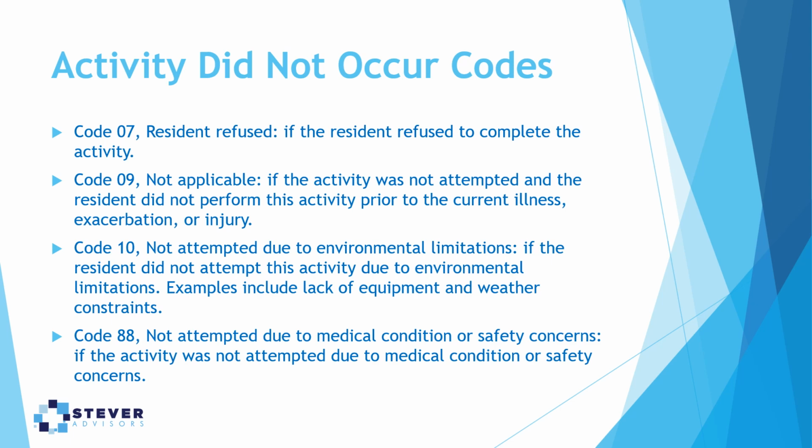Code 10, not attempted due to environmental limitations, if the resident did not attempt the activity due to the environmental limitations. Examples include lack of equipment or weather constraints. And lastly, use code 88, not attempted due to medical conditions or safety concerns, if the activity was not attempted due to the fact that the resident had a medical condition or safety concerns that prevented them from completing it.